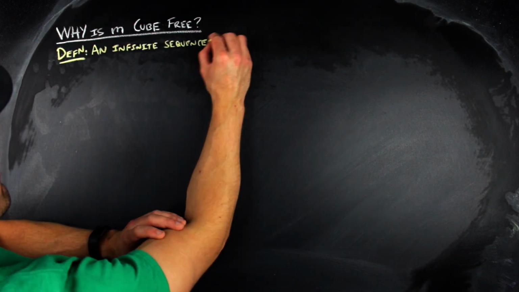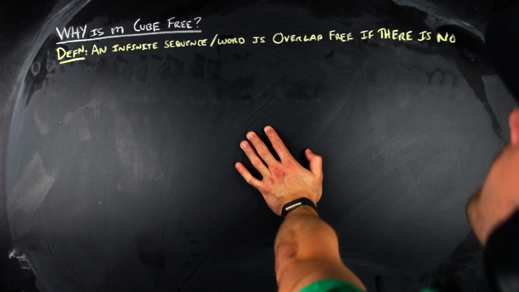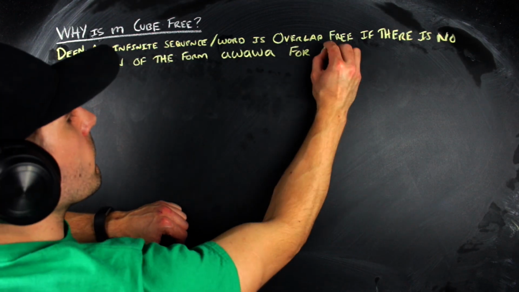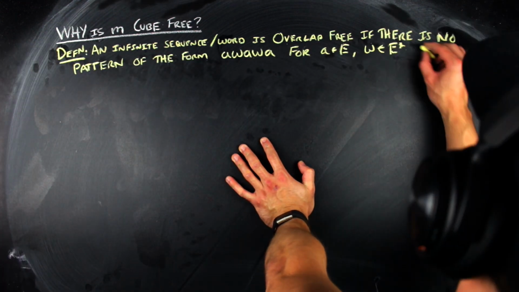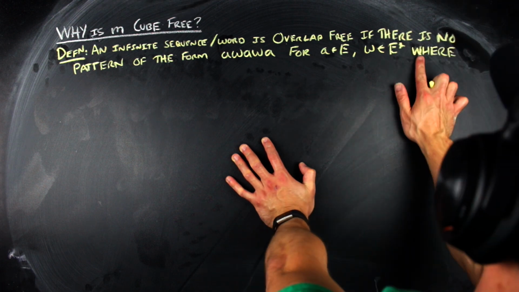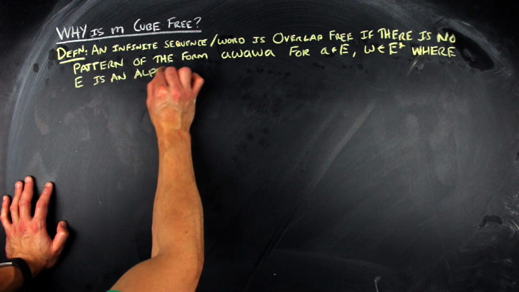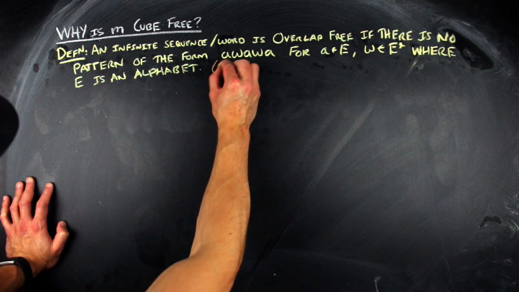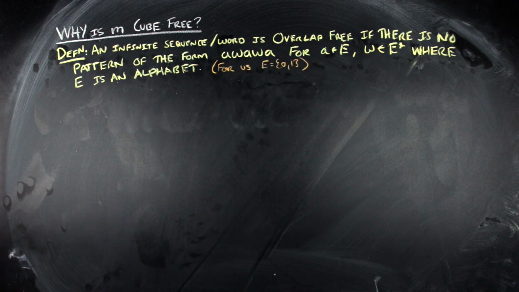An infinite sequence has an overlapping property if there exists a pattern within the sequence of the form awawa, where a is just a symbol from whatever alphabet you're using, and w is some finite word formed from that alphabet. In this case, our alphabet is just 0 and 1. And so we almost have all of the tools required to prove that this infinite sequence of 0s and 1s avoids an awawa.